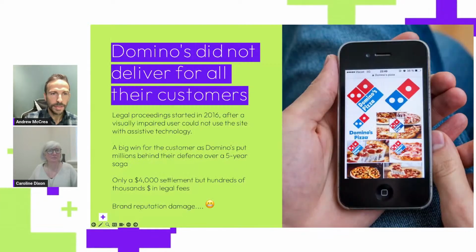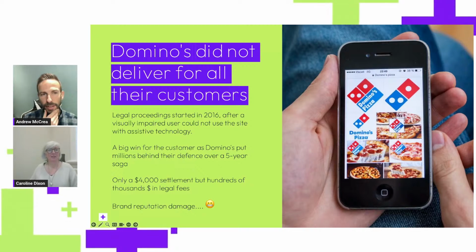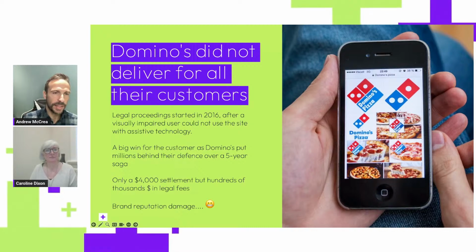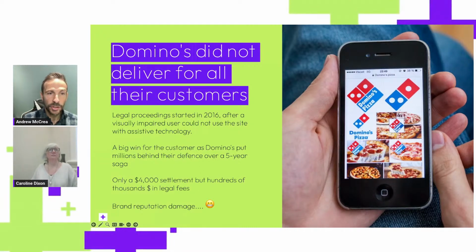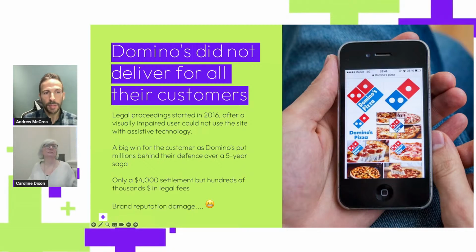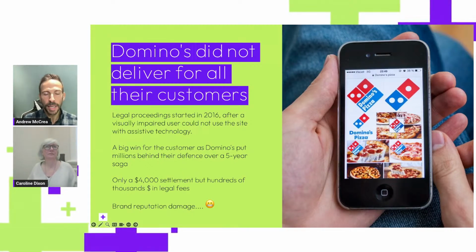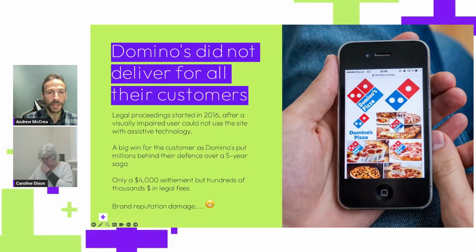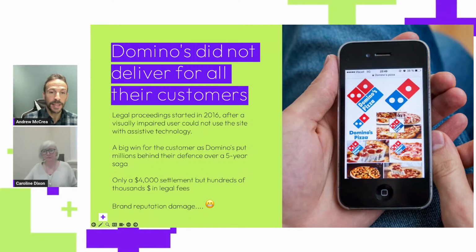Thank you, Caroline. Yes, so this example we picked out for today is Domino's, and it's quite a famous case study in this space that dragged on for a number of years, but it really started back in 2016 after a user of the website, I think it was actually the online website, was trying to use assistive technology to simply order pizza.